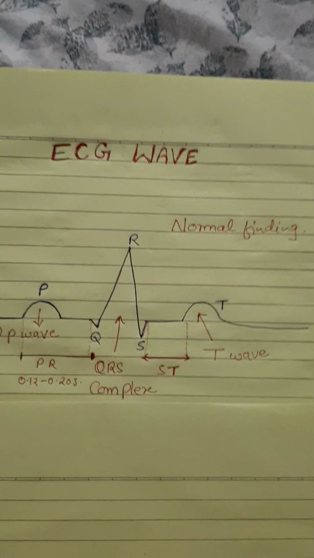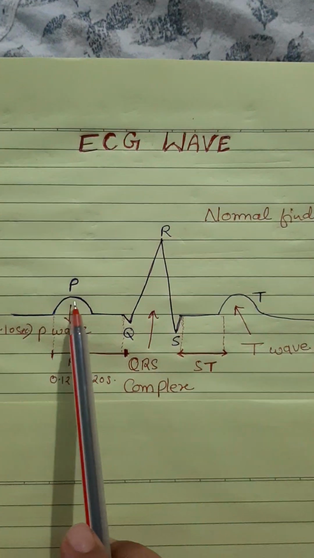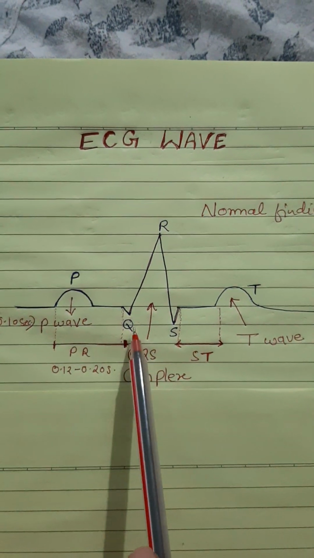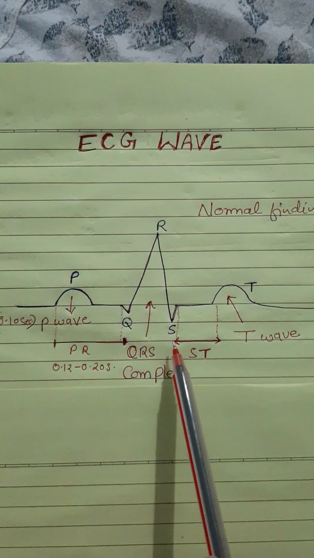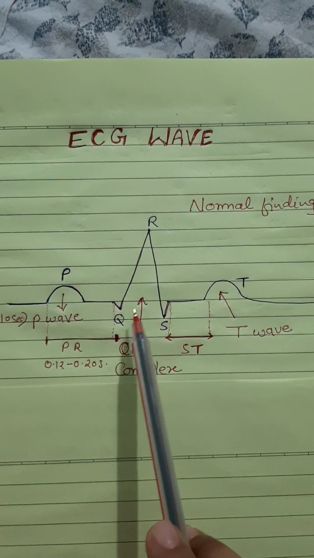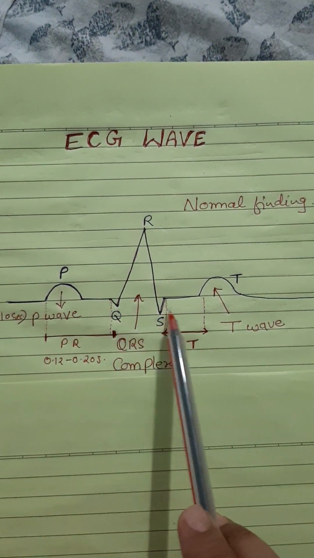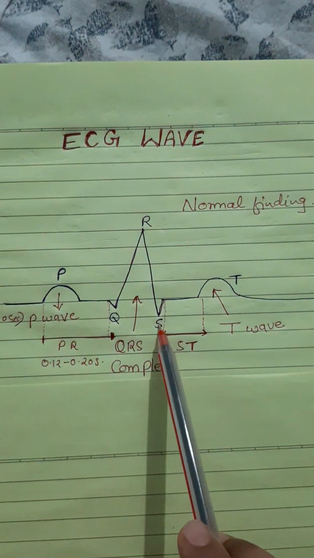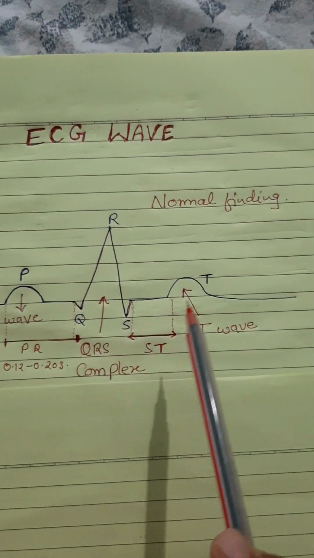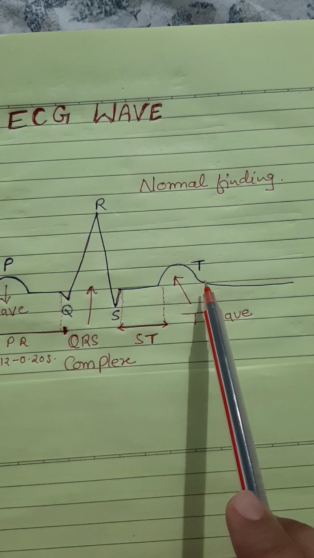normally we all know these are the normal waves. P wave, Q, R, S complex. This is the P wave, and because this includes Q, R, S, it is the QRS complex. And here, this is the T wave.